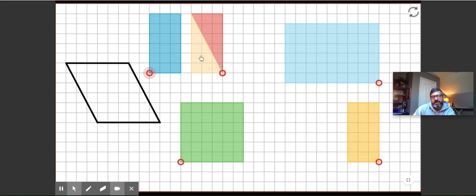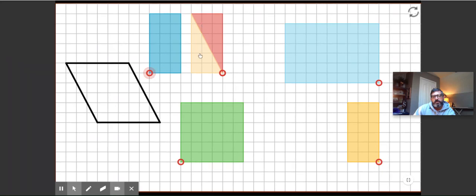Remember, it's exactly the same size. So how many squares would be in that one? How many squares were in the first one? Remember last we said we had 18 squares in the blue one.